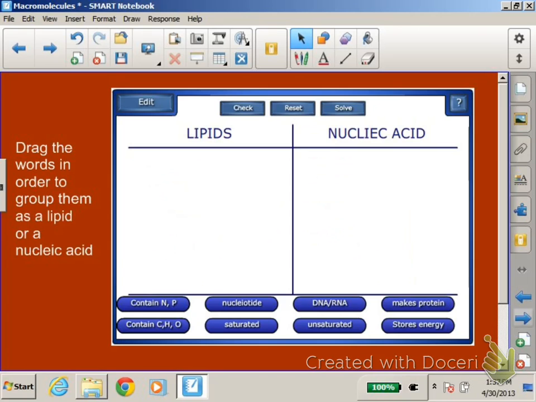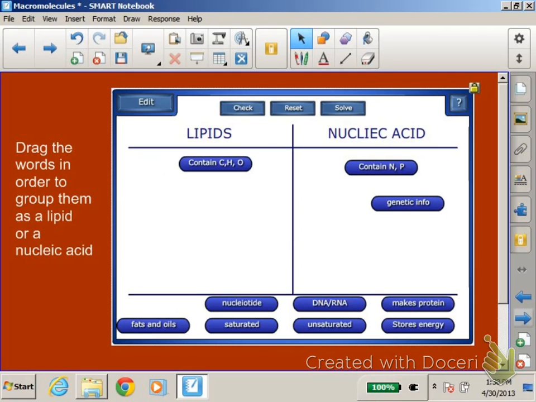And then here's the difference between your lipids and your nucleic acids. The one that contains nitrogen and phosphorus should be your nucleic acid. Your genetic information should be your nucleic acid. Contains carbon, hydrogen, and oxygen should be your lipids.